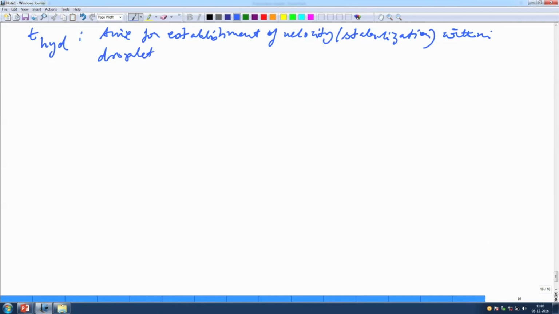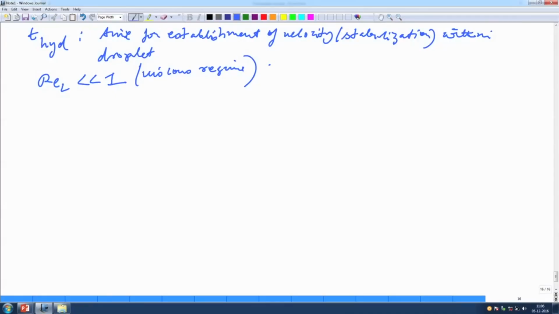Now, that is given by, when the Reynolds number of the liquid phase is very, very low, much less than 1, basically the entire droplet is viscous. Let's take a droplet of honey, or a glycerol droplet, whose viscosity is very high, and that will give rise to a very low velocity inside the droplet. So, in that case, t_hydrodynamic scales as Rs square divided by nu_L, which is the kinematic viscosity.